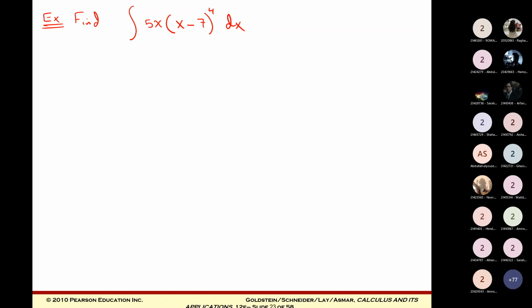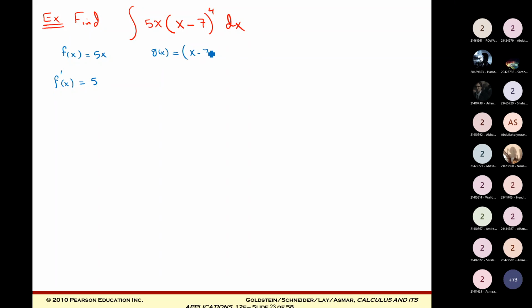By parts, f of x equals 5x, and f prime of x equals what? Equals 5. Now, g of x equals x minus 7 to the power 4. Now, how can we find the capital G? This is integration, so we must use substitution.